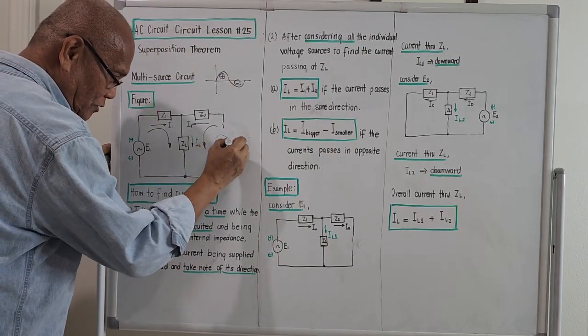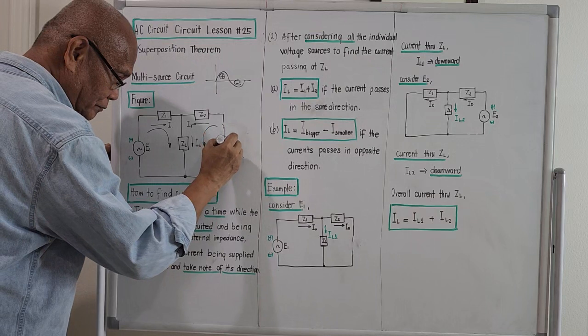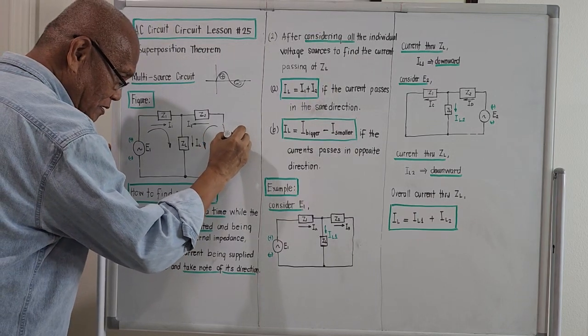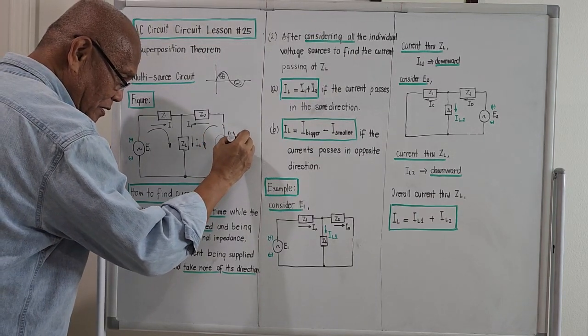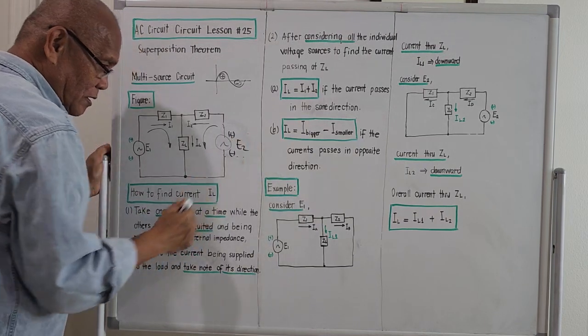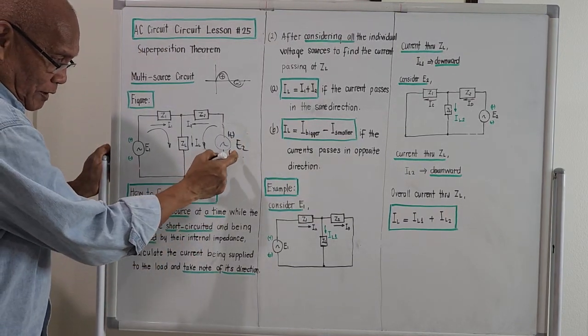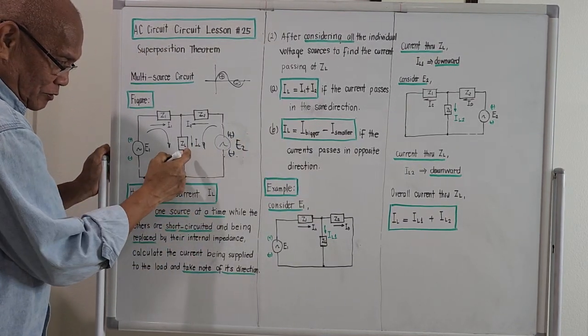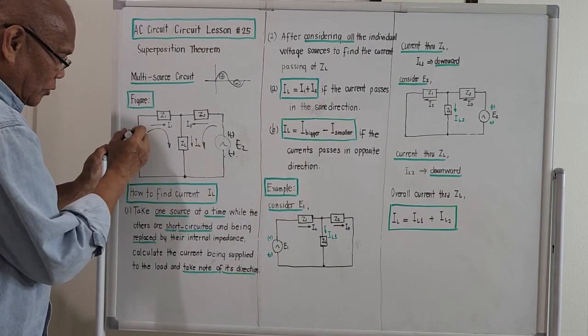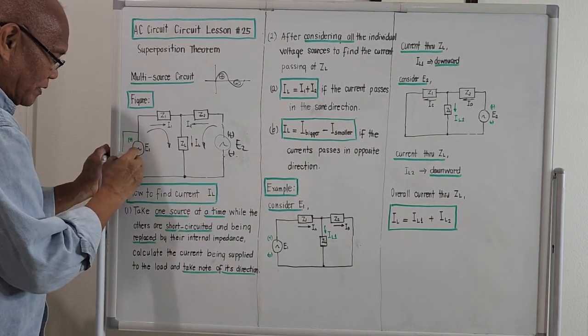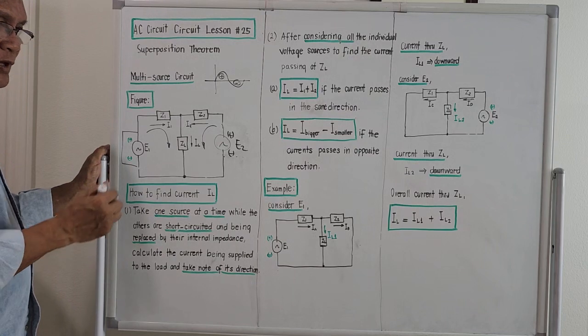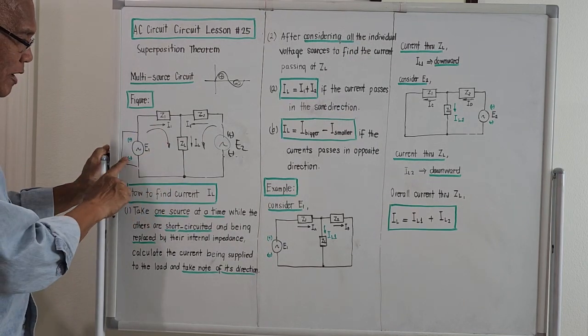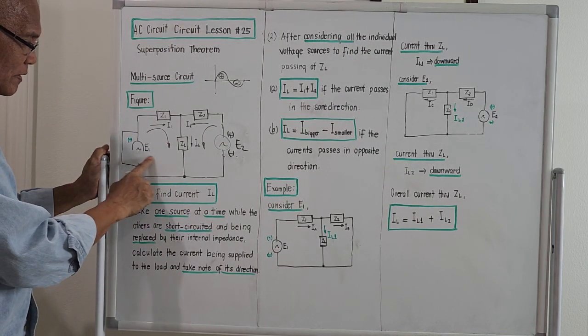So we'll put back source number 2. This is plus, this is minus, and this is E2, right? If we try to compute for the current coming from this, passing through ZL, considering E2, we short out source number 1, right? If we short out source number 1, this will be gone.